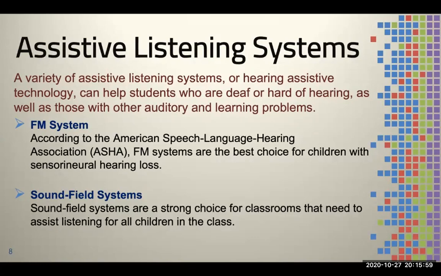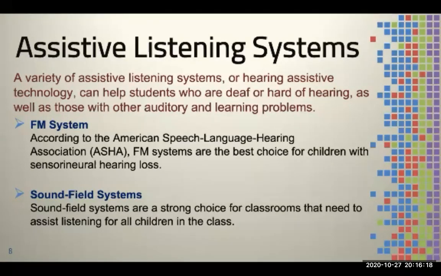So this is one of the best assistive listening systems, and you can use the FM system. These are different categories that help different kinds of students, so you need to learn which software is for what kind of students.